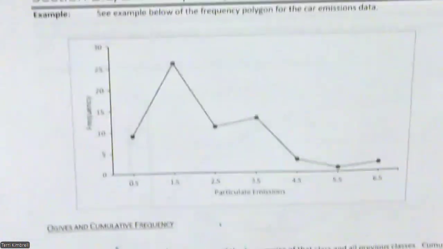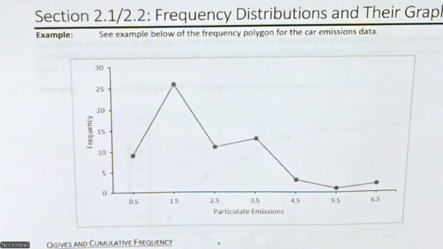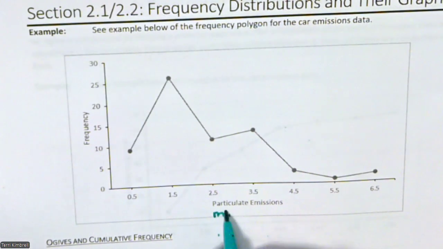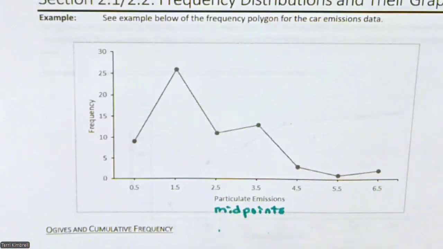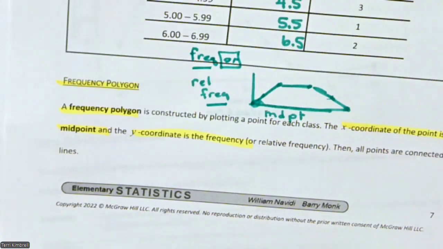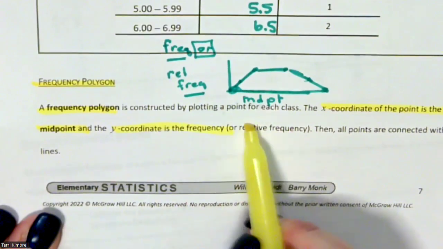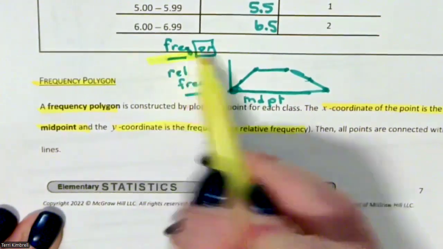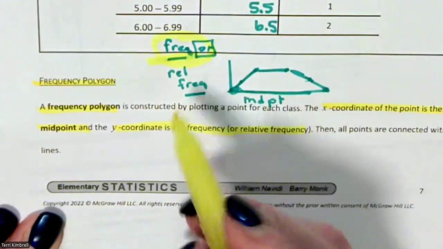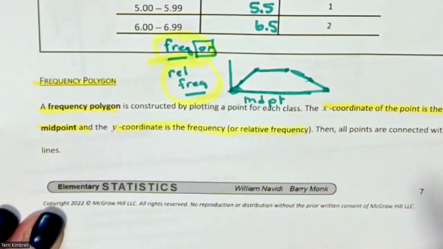So looking at this one, this would be a picture of a frequency polygon. So notice right here, we have our midpoints. You can go back and add this part to the y coordinate. It can be the frequency or relative frequency. So remember, frequencies the counts, relative frequencies the decimals.